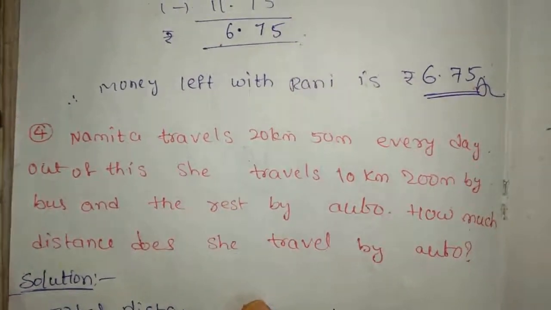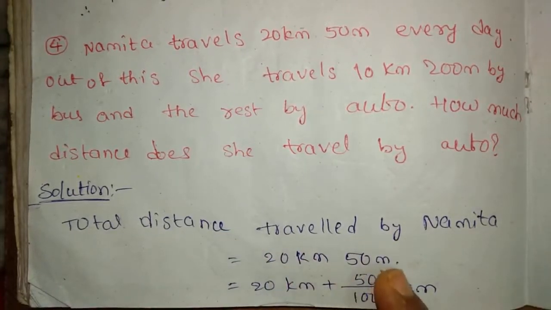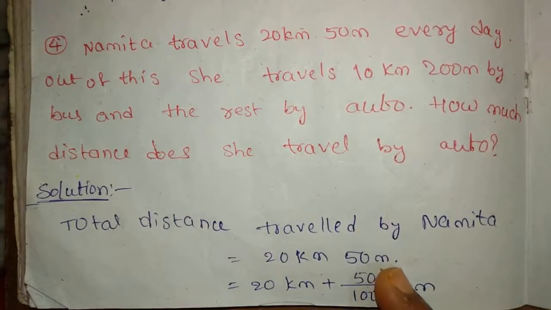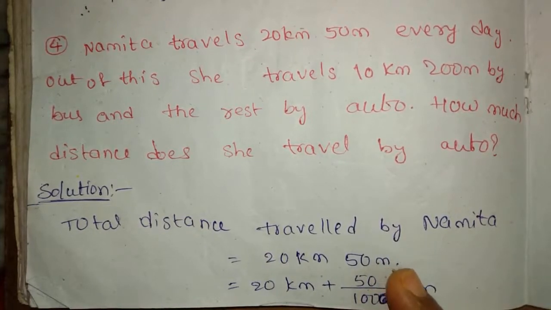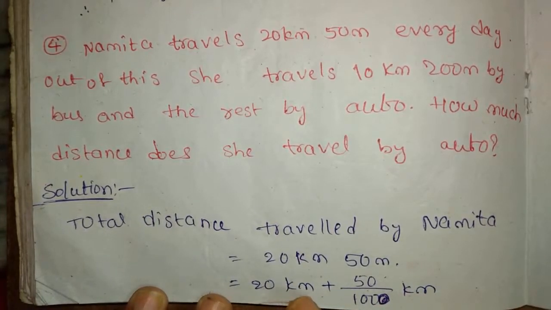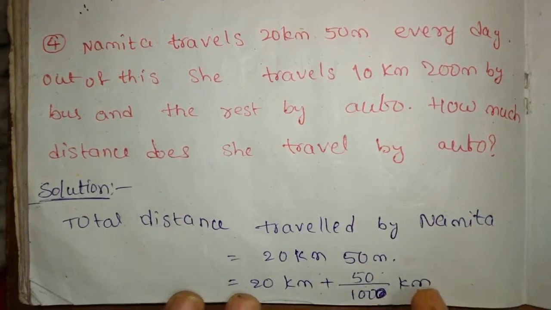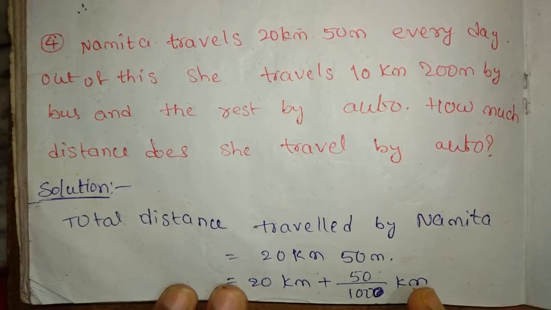Okay. First, total distance travelled by Namita is 20 kilometers and 50 meters. Now, we convert the meters to kilometers. That is 20 kilometers and 50 meters, which is equal to 50 by 1000 kilometers, as we know that 1000 meters is equal to 1 kilometer.